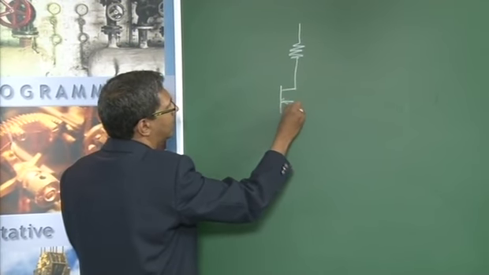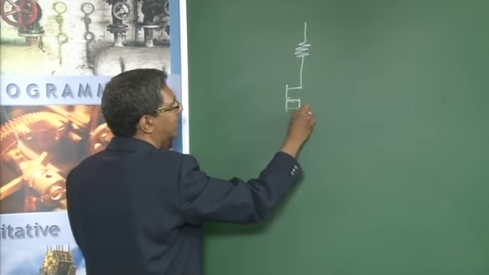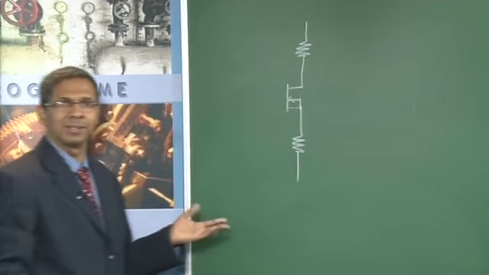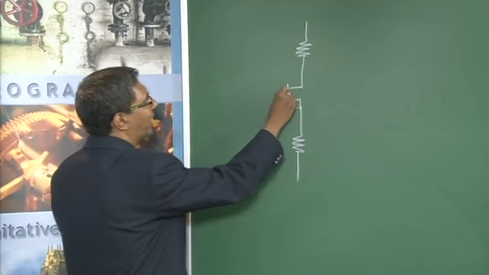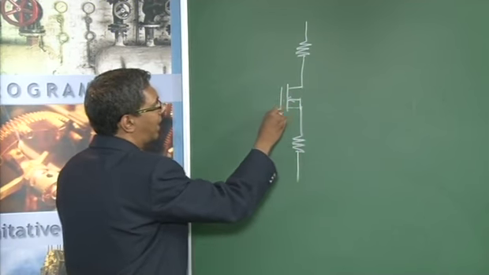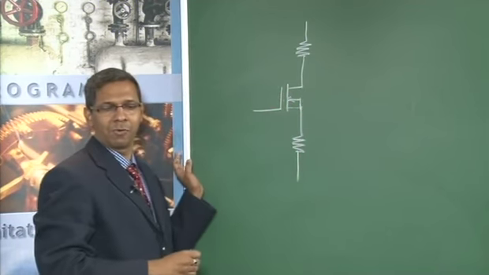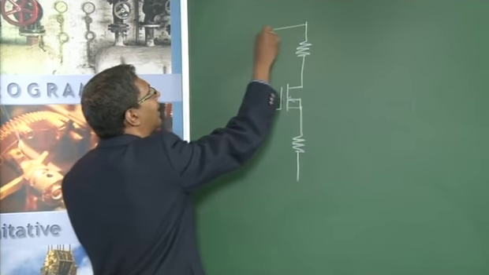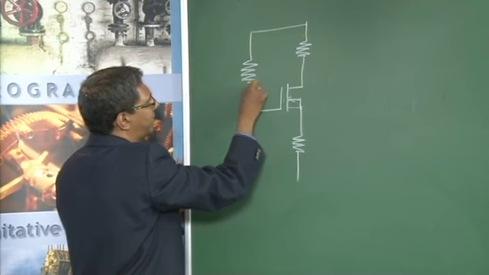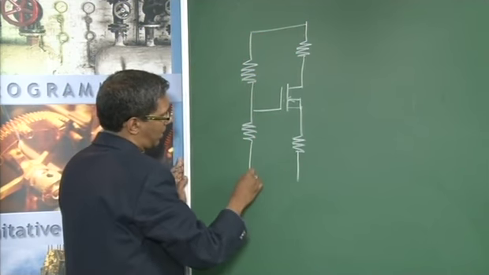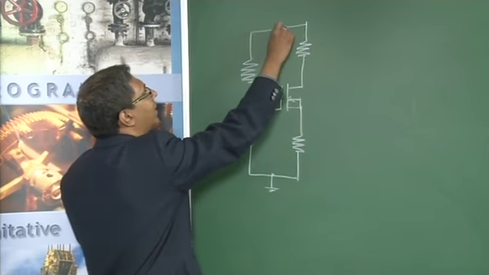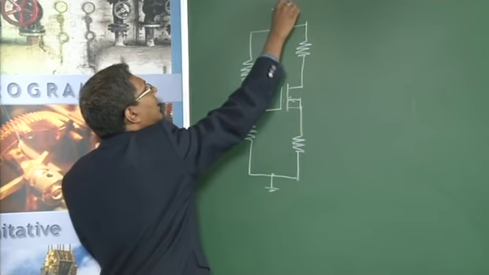This is a source contact, and the substrate contact. Instead of one resistor, now we will have two resistors, one at the source, one at the drain, and the gate, instead of directly giving the voltage, we take the voltage from the power supply. So this is going to be the way in which we connect, and we eventually ground this, and this is where you are going to connect your VDD.